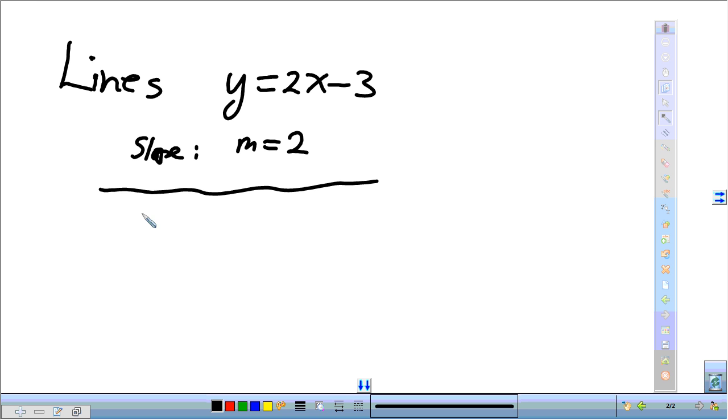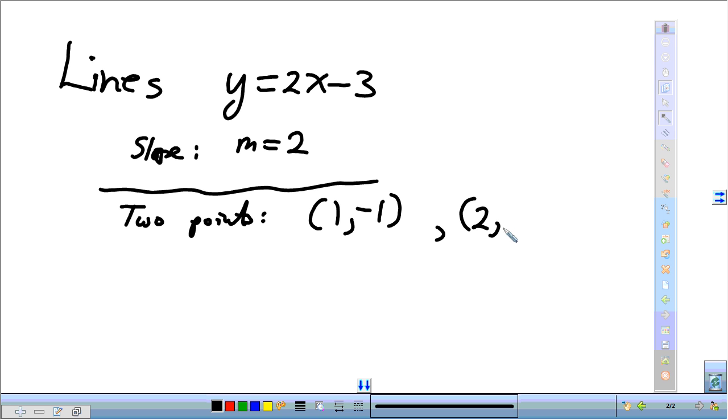We also know that if we have 2 points, for instance, the point (1, -1), which is a point on this particular curve, and another point, (2, 1), we could compute the slope as a change in y over a change in x.